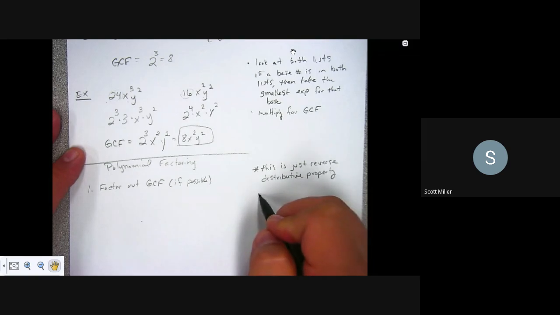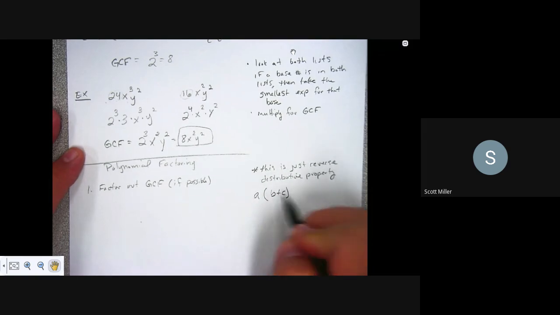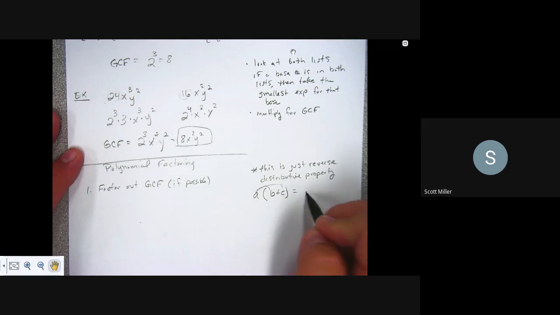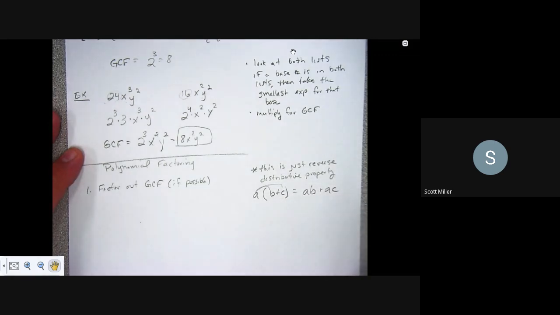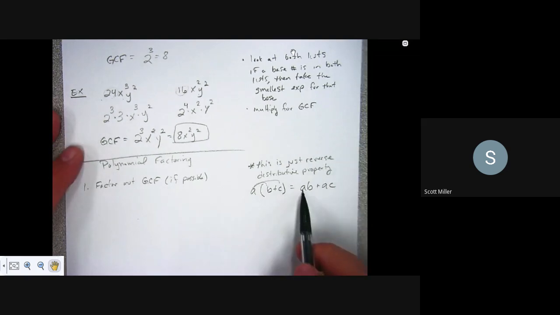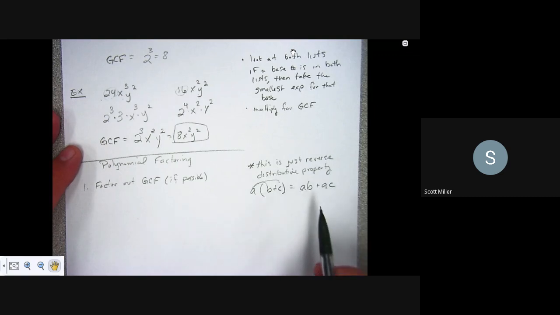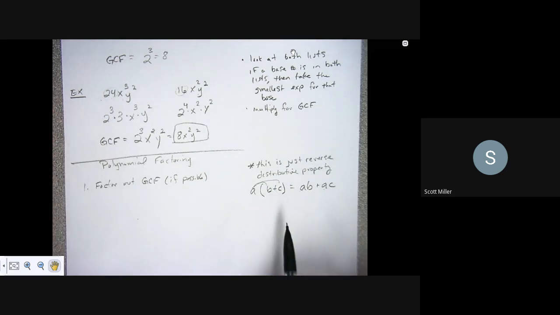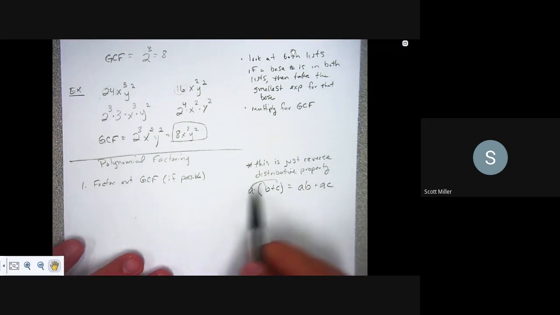In the distributive property, if I have an A times a B plus a C, we would distribute the A, and we get A times B plus A times C. Well, in factoring, this A is common to both terms, which means it's your GCF. If it's common, you can bring it out. Bringing it out, or factoring it out, means to rewrite it back into a parentheses setting.